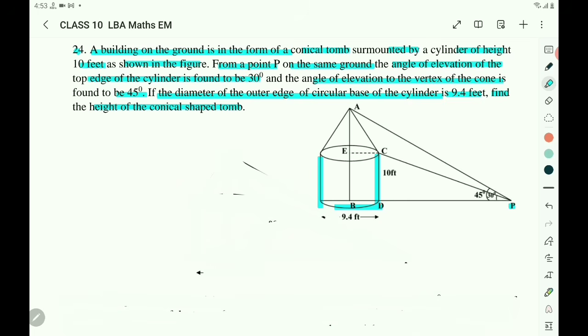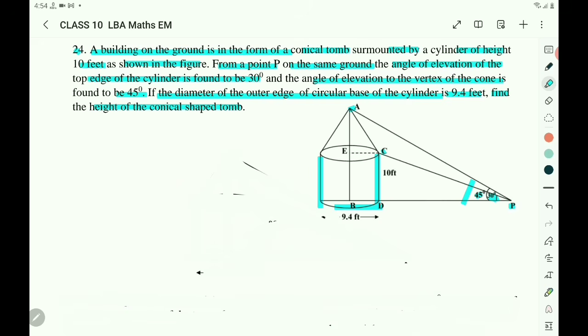The angle of elevation of the top edge of the cylinder, this is the top edge of the cylinder, is found to be 30 degree. From here to here, 30 degree. And the angle of elevation to the vertex of the cone, means conical top, is found to be 45 degree. From here to here, 45 degree. And here to here, 30 degree.